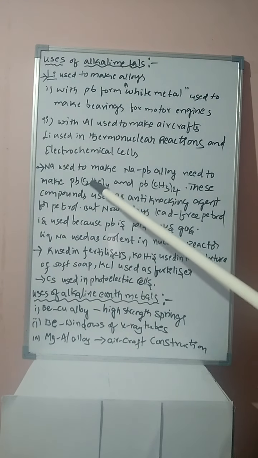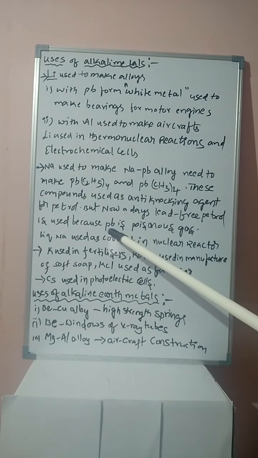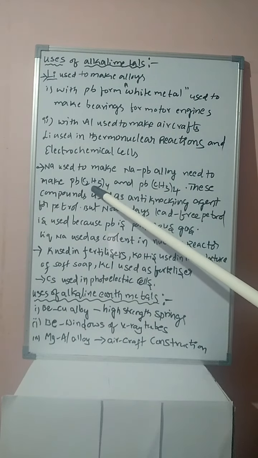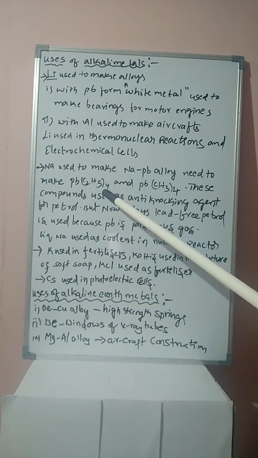But nowadays we are not using this chemical. Instead, another substance which does not contain lead is used, because lead is a very poisonous substance. Once it evolves into the atmosphere, it can cause severe health problems. That's why, even though it is a good anti-knocking agent, tetraethyl or tetramethyl lead is not used.